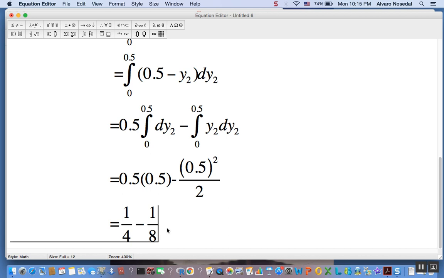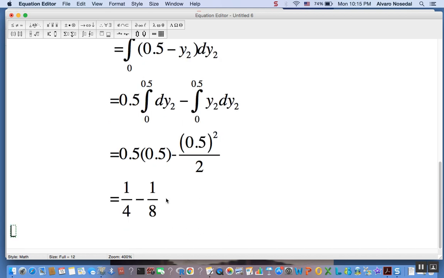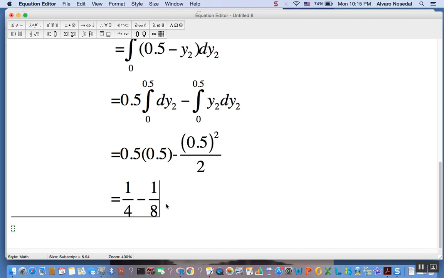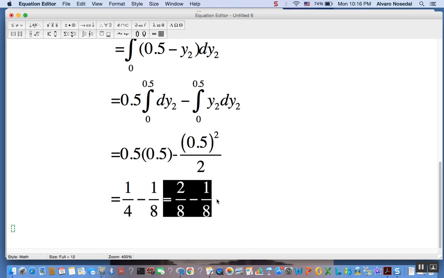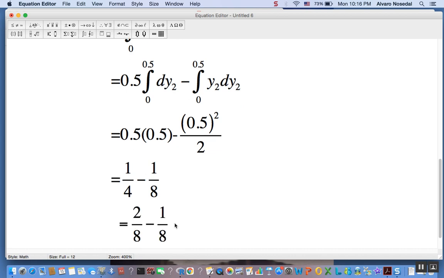But 1/4 is the same as 2/8. So 2 divided by 8 minus 1 divided by 8 is just a beautiful 1/8.